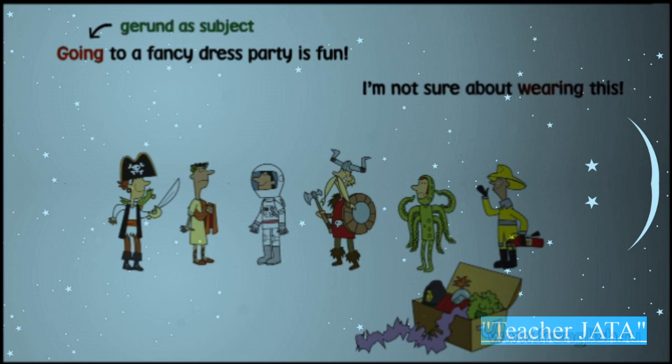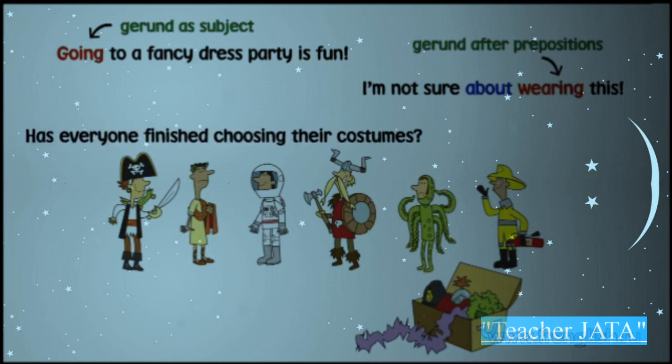We can use the gerund after prepositions, such as at, in, on, about, etc. We can use the gerund after certain verbs, such as enjoy, practice, finish, complete, and imagine.